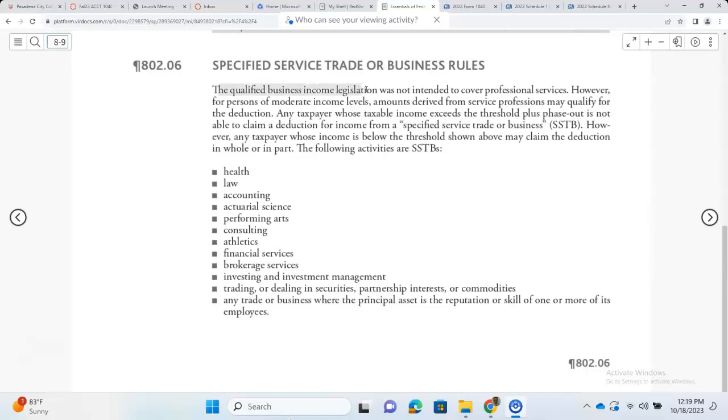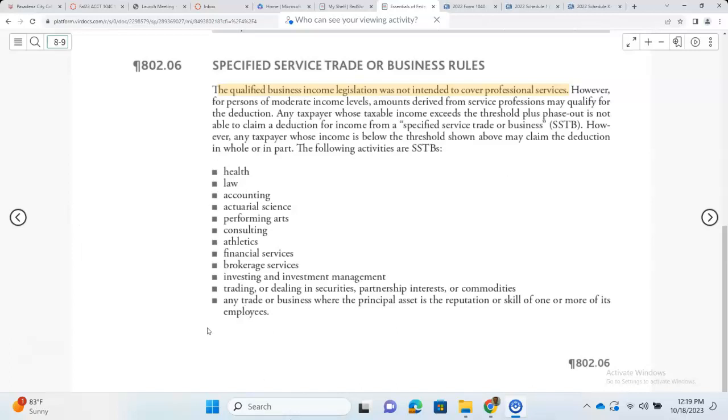the qualified business income legislation was not intended to cover professional services. Okay, let me explain this part so it gets clear. QBI is not for professional services like whatever you see here. Okay?